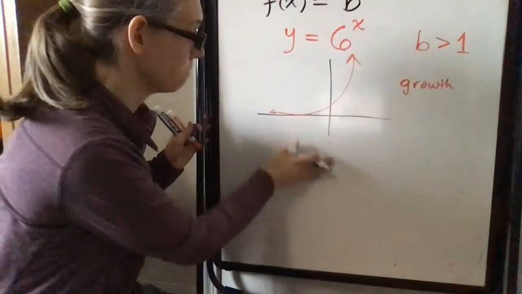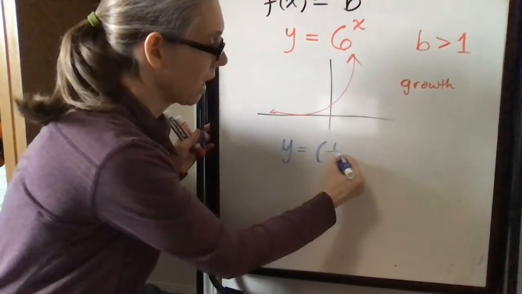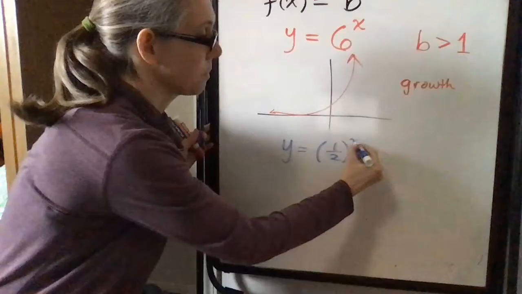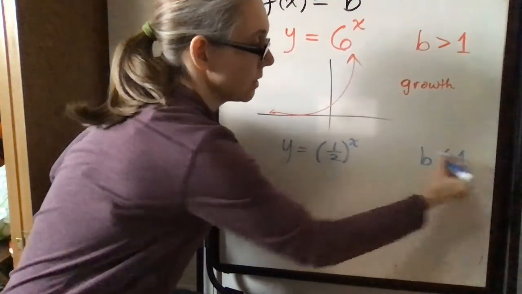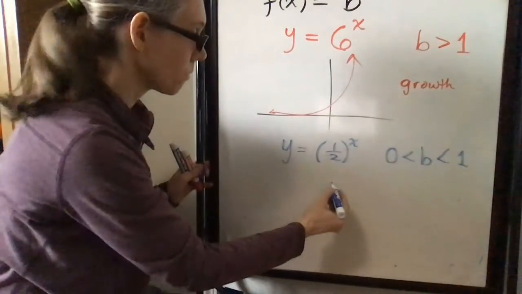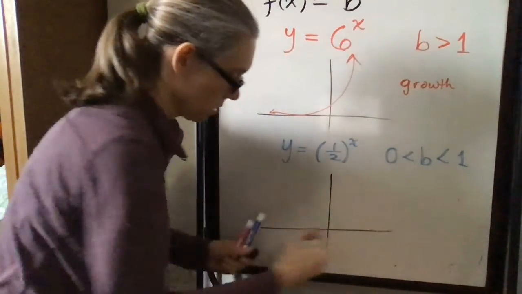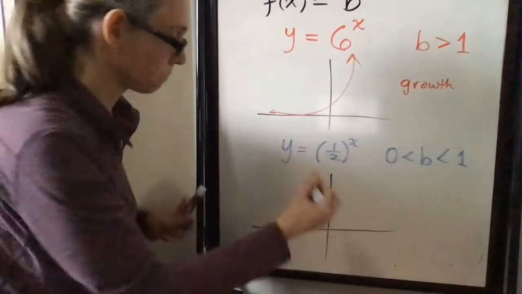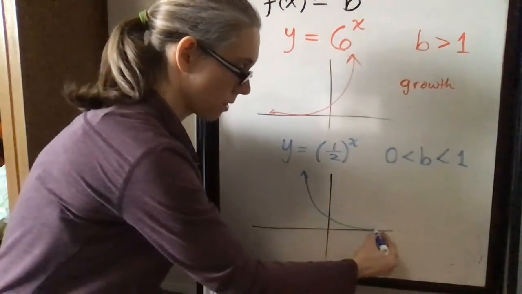If you had the function y is equal to 1/2 to the x power, here you see that b is less than 1. It's still a positive number, but it's less than 1. The graph of this function, and this is question number 2 on MyOpenMath, is going to look like this over time, okay?